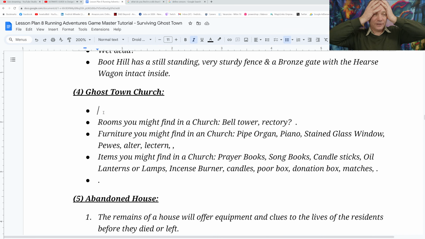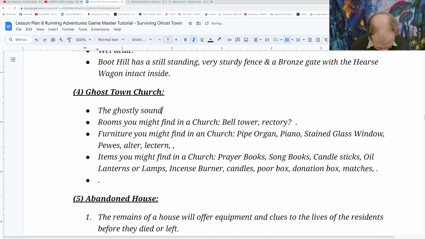So what's the outstanding thing about a church? The whispered, the ghostly sounds of a chorus of singing.